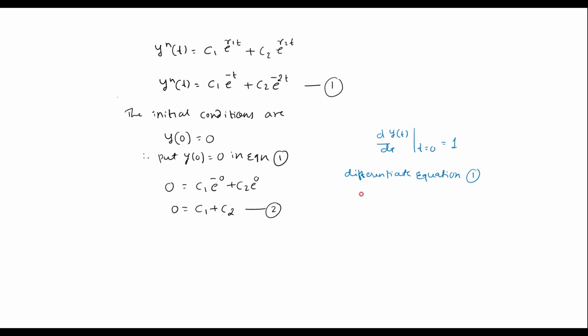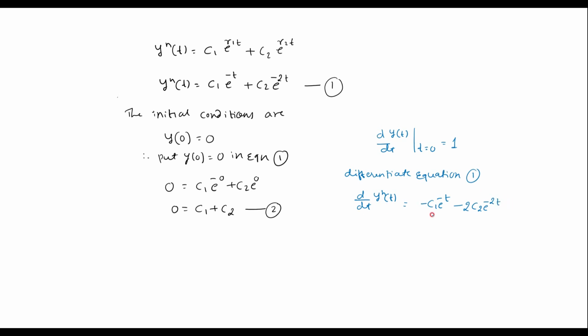So we can write d/dt yn(t) is equal to minus c1 e^(-t) minus 2 c2 e^(-2t).